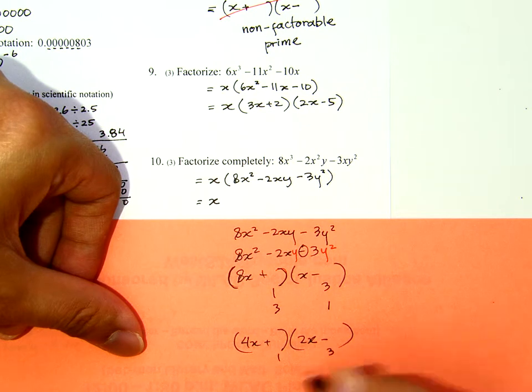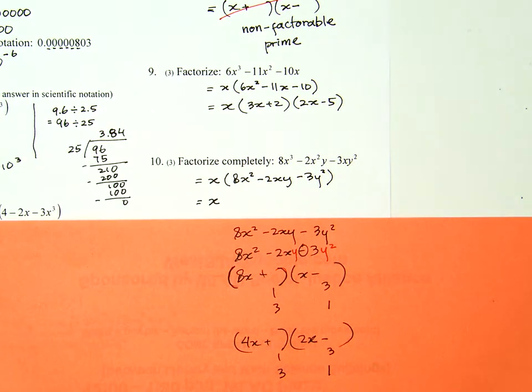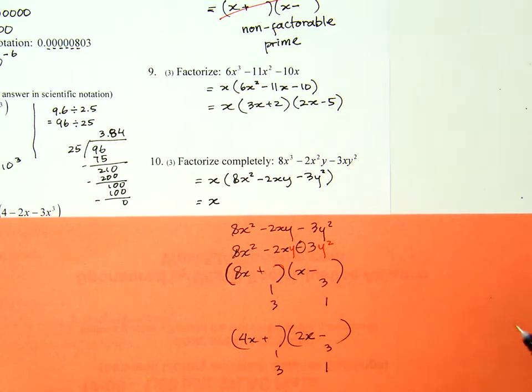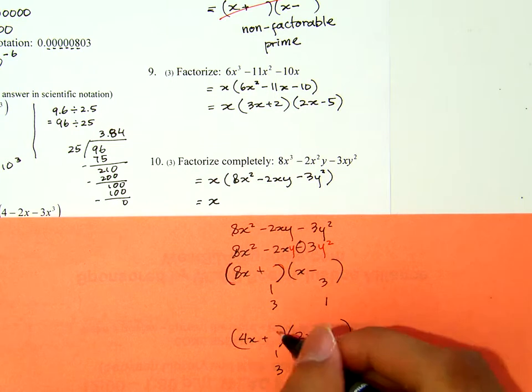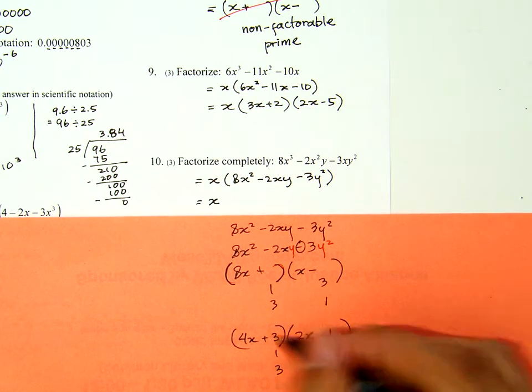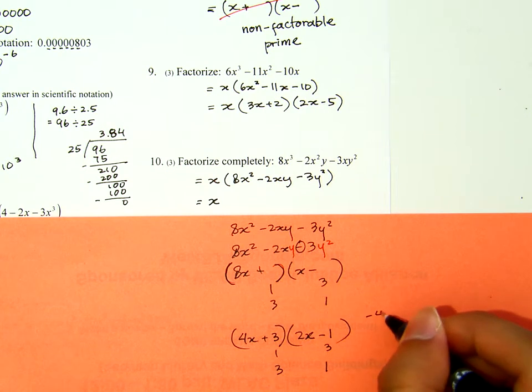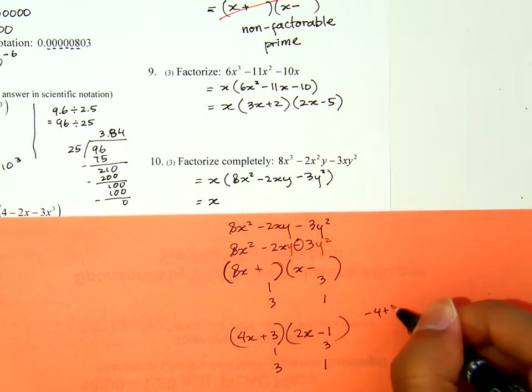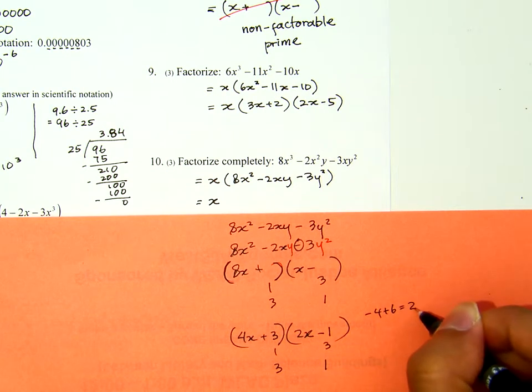Okay, now it seems like there is nothing we can cancel. Let's try one by one. If I try one by one, it seems like this is the one. Okay, because the outer gives me negative 4, the inner gives me positive 6. That will give me positive 2.